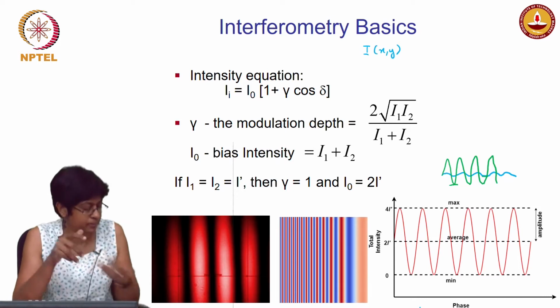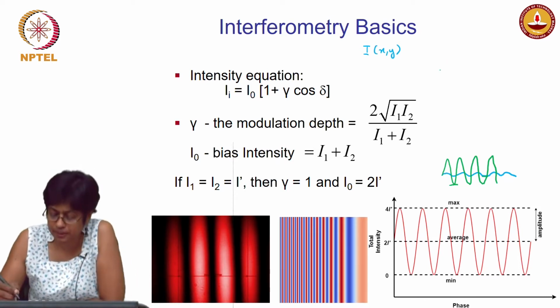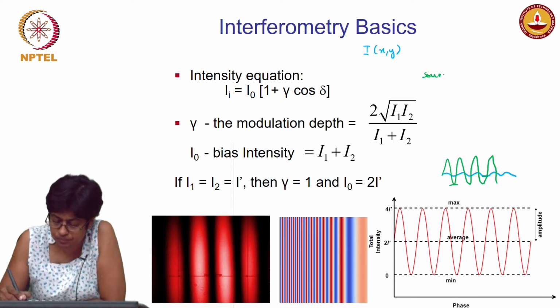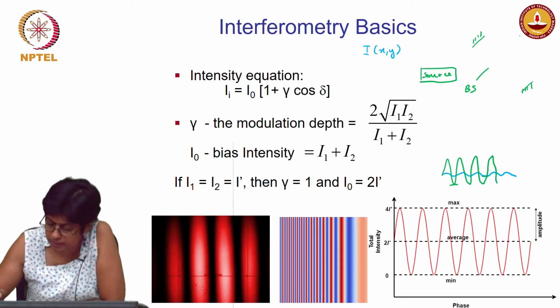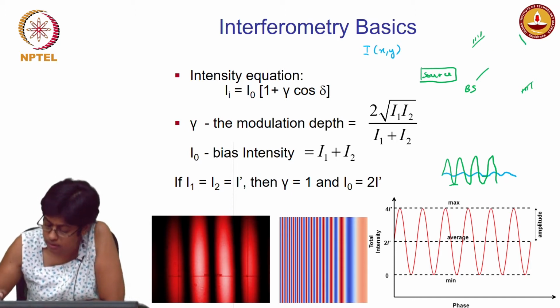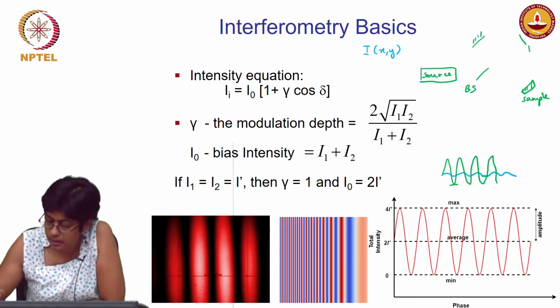Think of the setup. Let's say I had a setup like this. This is the source, beam splitter, mirror, and this is the sample and detector.